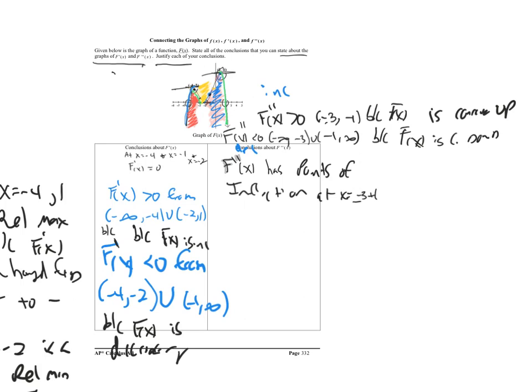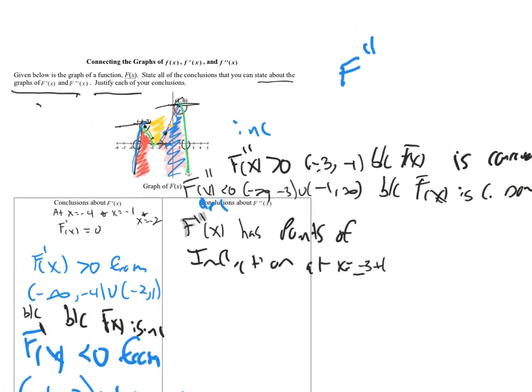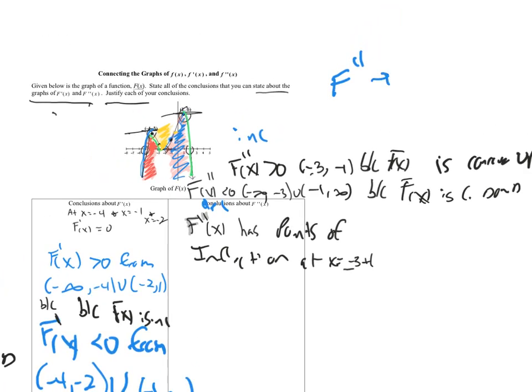Think about that. If this was F and it was a cubic, that's interesting that F double prime would have had to have been the derivative. That would also have been a quadratic. Interesting. Because you take one power away. You can go the other way.